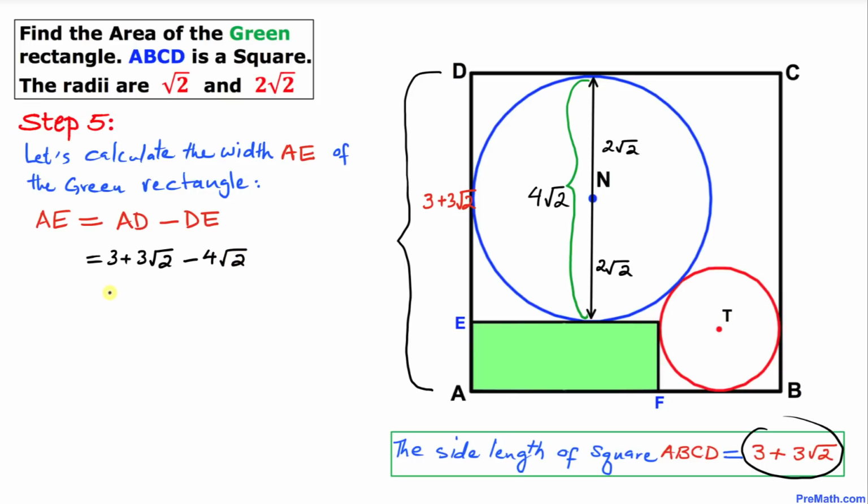Let's simplify that, and that is going to give us 3 minus square root of 2, and this is the width of our green rectangle.